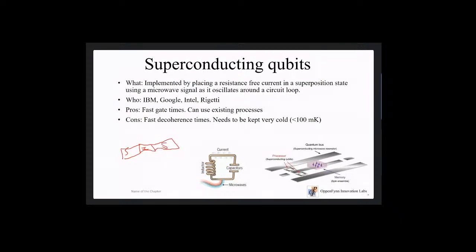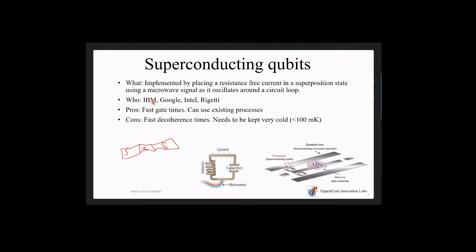So you have two superconductors separated by a narrow gap, which acts as an inductor. And when you have an inductor and a capacitor, as you know, you have a resonant circuit over here. So this resonant circuit is used as a qubit, and that's the way superconducting qubits work. And as I said, it is the leading technology right now, because several big names use superconducting qubits.